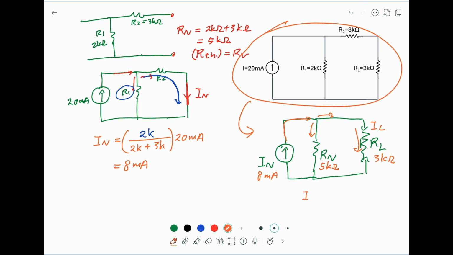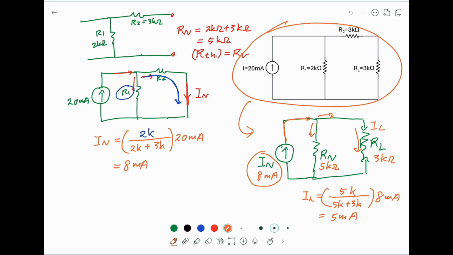So IL is proportional to 8 milliamp. The proportional constant has two parts. The denominator equals 5k plus 3k, and the numerator is 5k, and you will find this is equal to 5 milliamp.